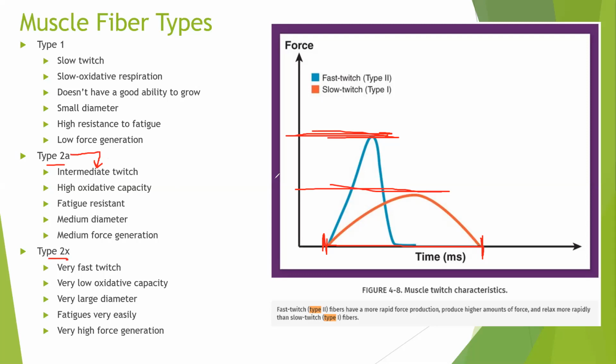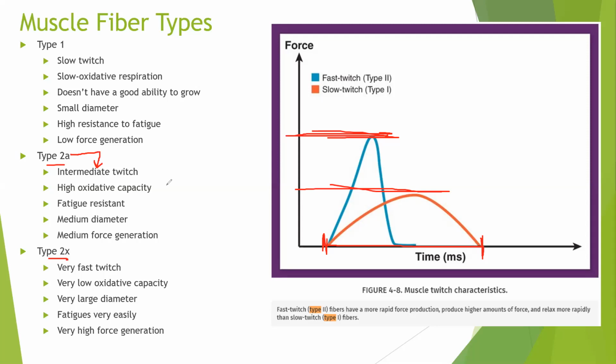They are what is known as your fast fatigue resistant fibers. So these would be your longest lasting anaerobic fibers. They also do have an oxidative capacity, meaning they can also use oxygen. So your type 2A fibers are a hybrid fiber.